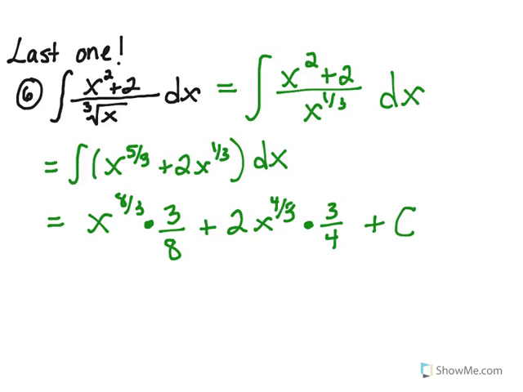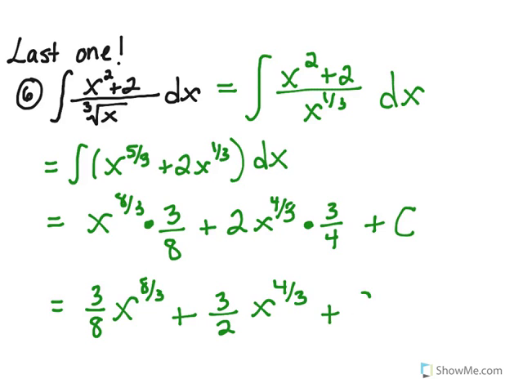Now let's just clean it up slightly. We're going to have 3/8 x to the 8/3 plus 2 times 3/4 would be 6/4, which is 3/2. x to the 4/3 plus c.